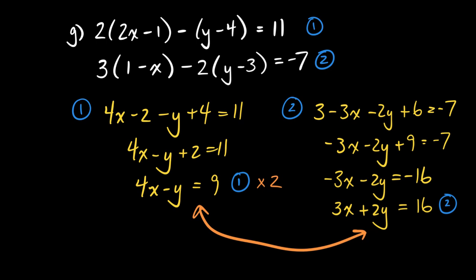What I want to talk to you about with this system is, once you've solved for x, okay, so we multiply equation 1 by 2, we get a new equation 3, we then take equation 2 and equation 3 and we add them together, we eliminate our y's, so we solve for x.